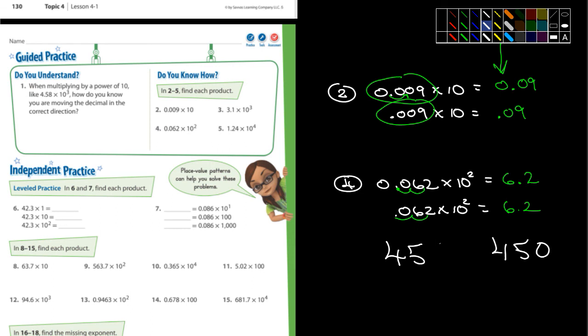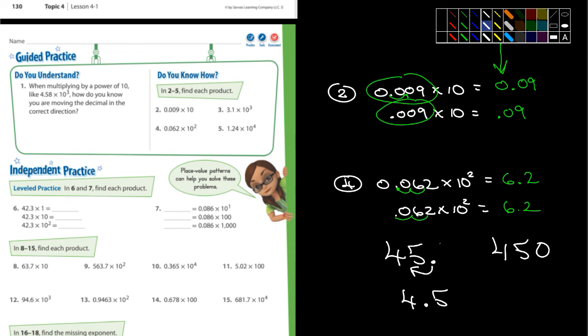All right. If the decimal's right here and I move it to the left, it becomes 4.5. What's bigger, 4.5 or 45? Right, so when you go to the left, it's getting smaller. When you go to the right, it's getting bigger.